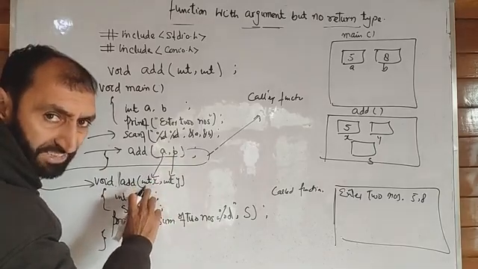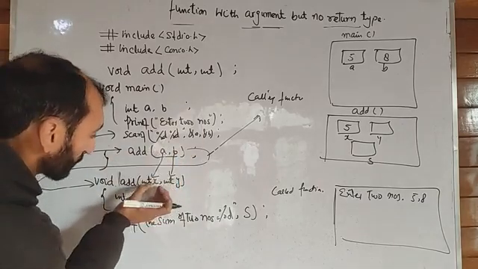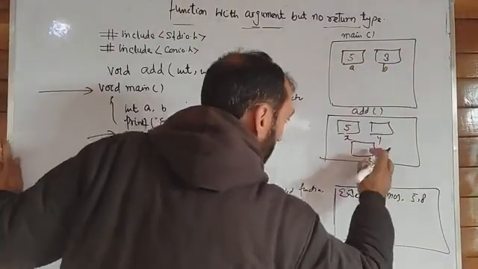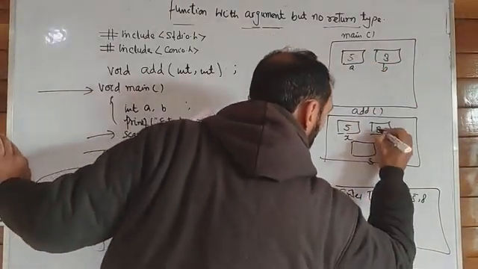So a is 5, that is x; b is 8, that is y.